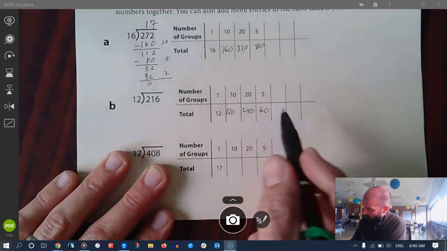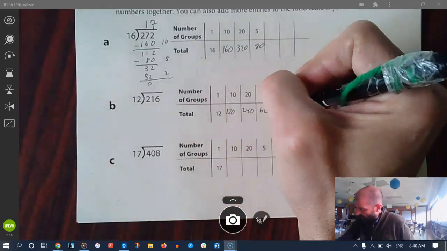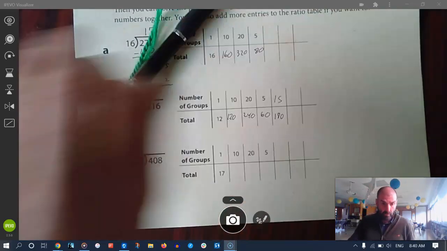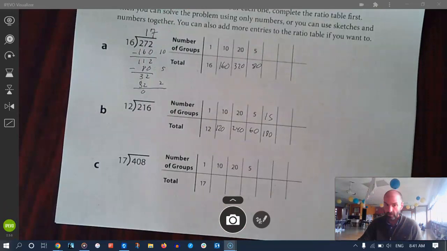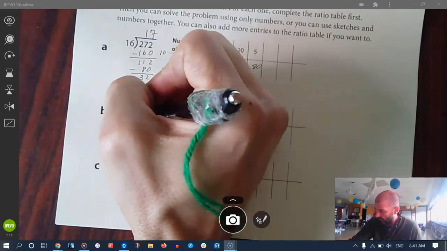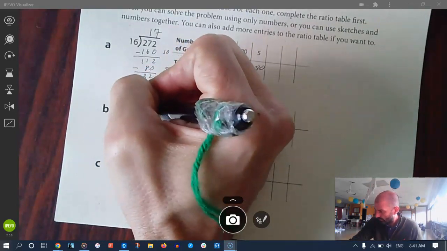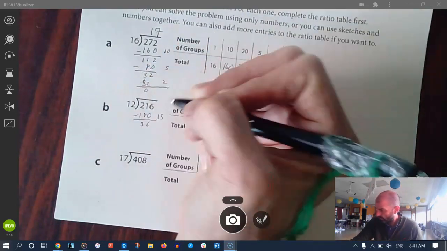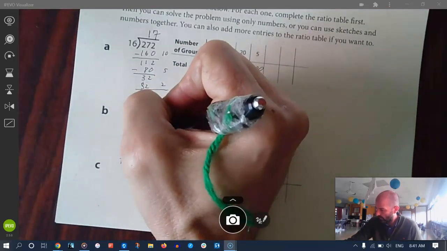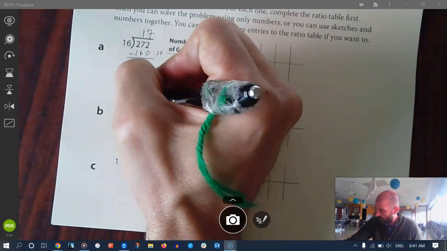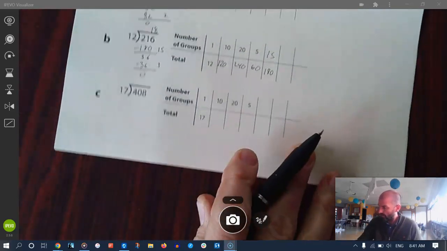I would think what 15 is, 180. So I'm going to use that 180, which is a 15. I'm going to take things away here. 6 and 3, 36. So that would be 3 groups. 3 groups is 36, which will get us to 0. So that means this is 18, because that's 15 plus 3.